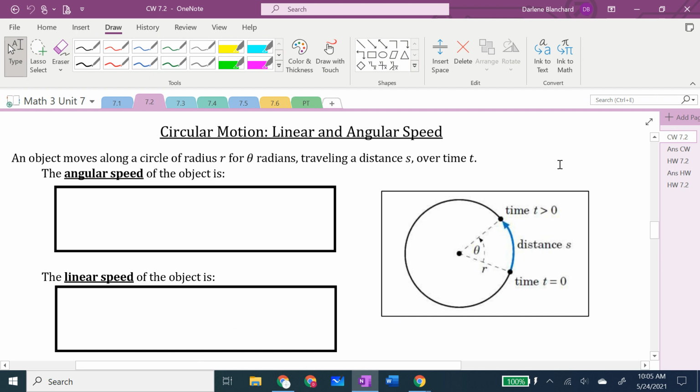So angular speed, and I'm going to use the typical Greek letters that go with it. Angular speed uses lowercase omega.